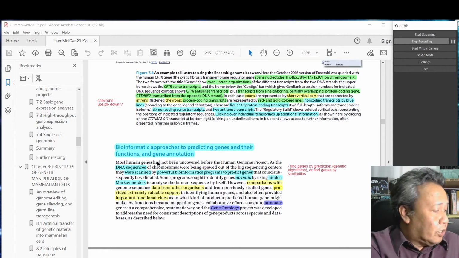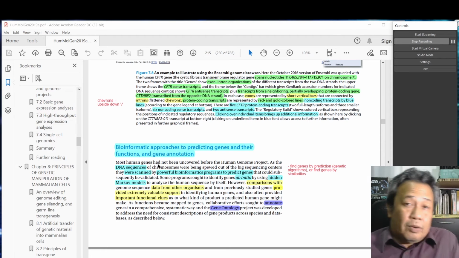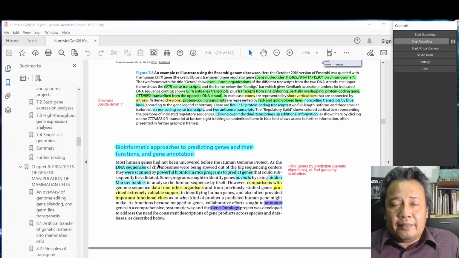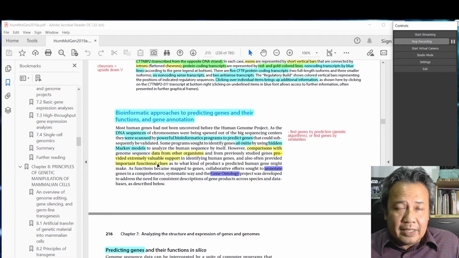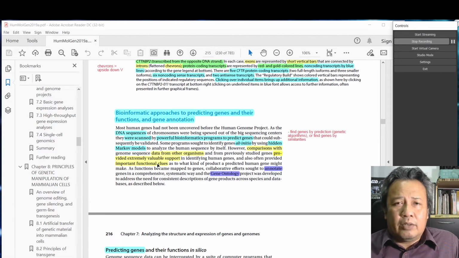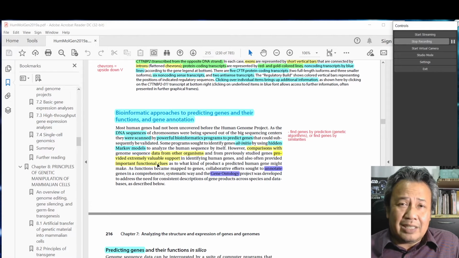Bioinformatic approaches to predicting genes and their functions. It is now established that getting the sequence is the easy part. Next is to identify the genes and to annotate their function, and that has relied a lot on bioinformatics. One of the first things is that they know of the existence of some genes, but a lot of the genes are not yet found.